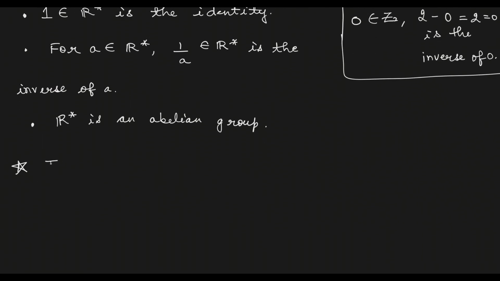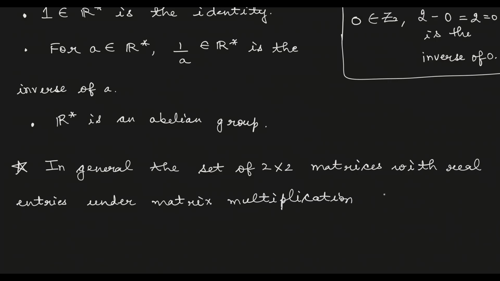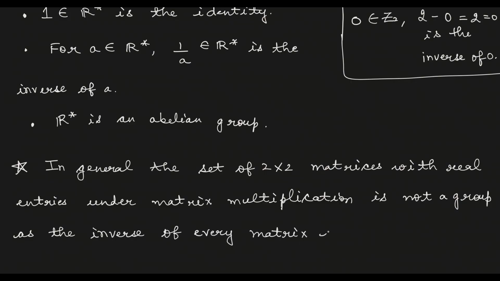In general, the set of 2 cross 2 matrices with real entries under matrix multiplication is not a group, as the inverse of every matrix does not exist in general.